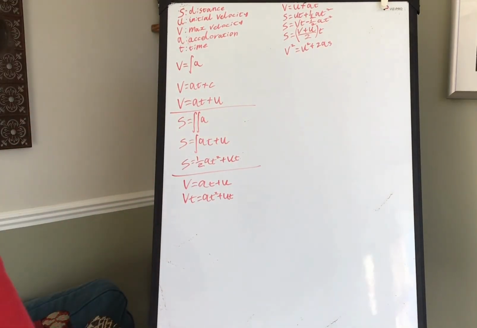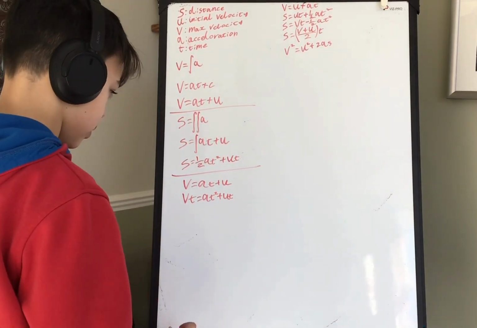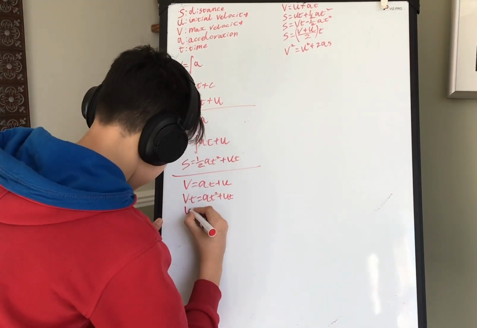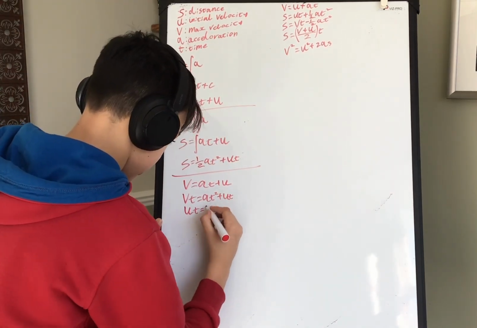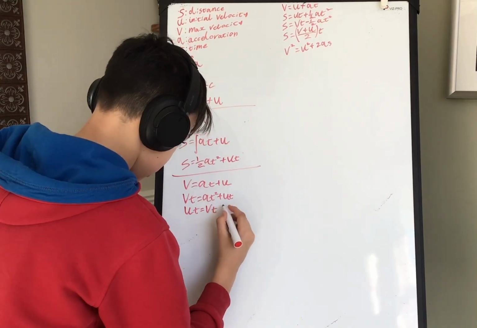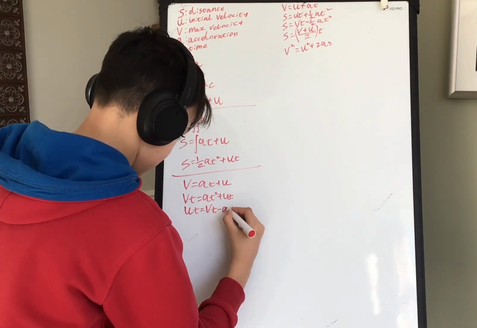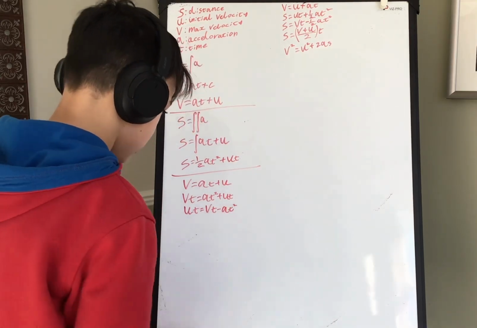And then all we have to do is subtract AT squared from both sides. So we have UT equals VT minus AT squared.